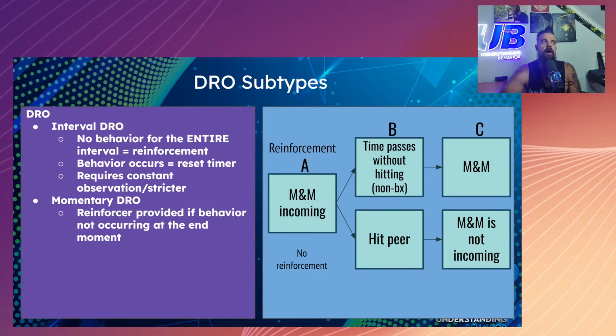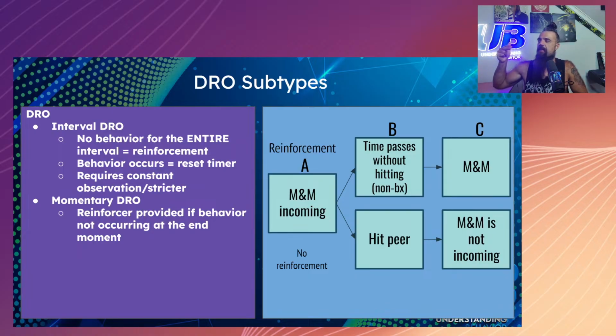This is when we provide the reinforcer if the behavior is not occurring at the end moment of the interval. So this is very similar to momentary time sampling, but with a contingency added to it. For example, we would have the 2-minute interval still. And now instead of looking at whether hitting occurred during that entire interval, we would just look at that end moment.